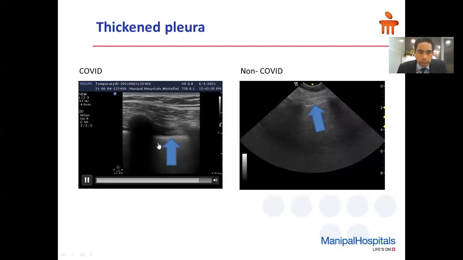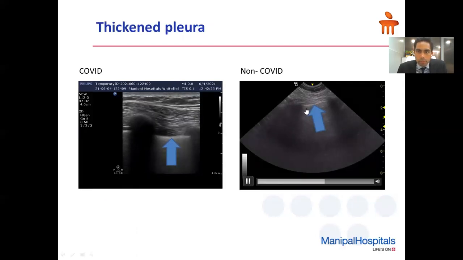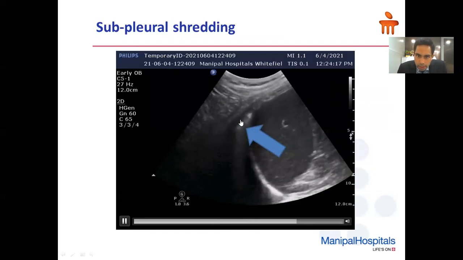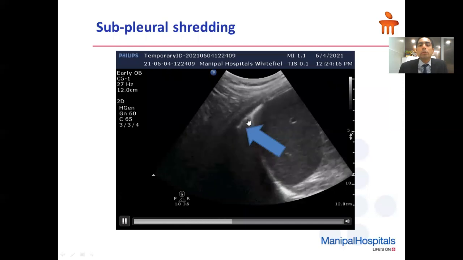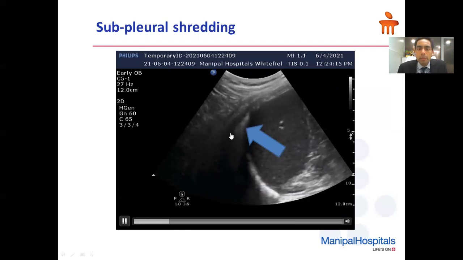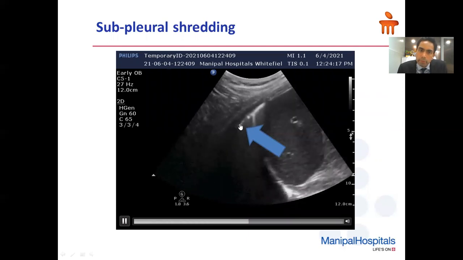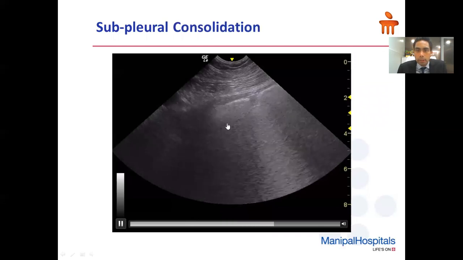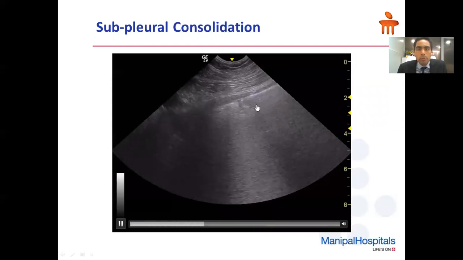This is how a thickened pleura will look, compared to a normal one. Subpleural shedding is seen here. COVID pneumonia is mainly a peripheral lung disease compared to the inside of the lung. The changes are very next to the pleura, which is called subpleural shedding. The other thing you might see is what is called subpleural consolidation.